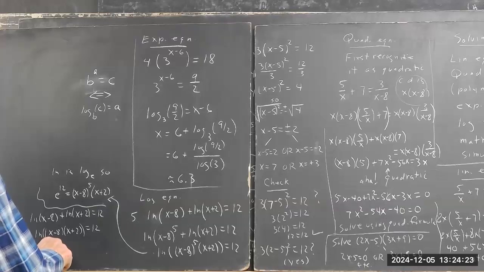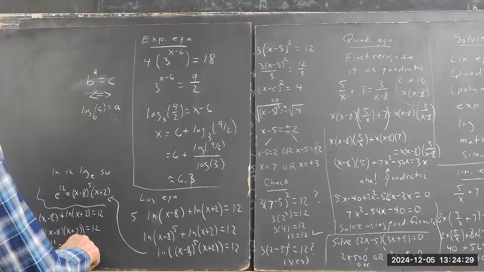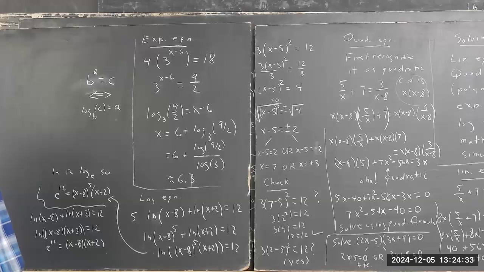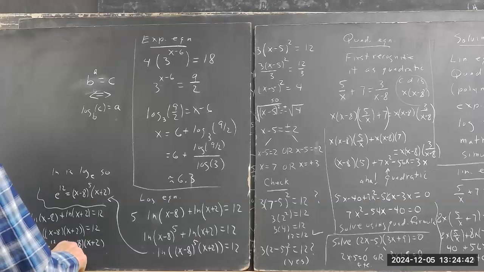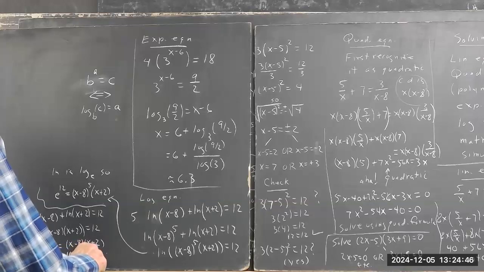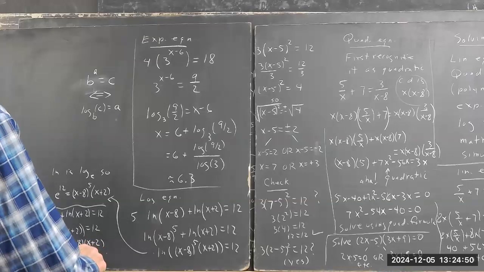So that you would have e to the 12th equals x minus 8 times x plus 2. That would give you x squared minus 6x minus 16 minus e to the 12th equals 0.